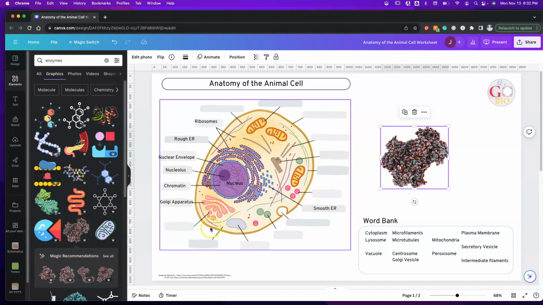It's just phospholipid bilayer. That makes it easy when we need to package something from this organelle and send it over to this organelle, and then this organelle is going to then package it, and where is it going to go? Well, if it's packaged, it's got 2 places. It's either going to be secreted outside of the cell. Secrete means to remove, to send it outside of the cell, or it's used for itself, so it'll go somewhere inside the cell.